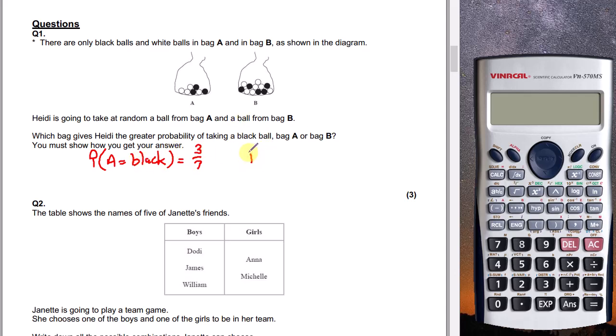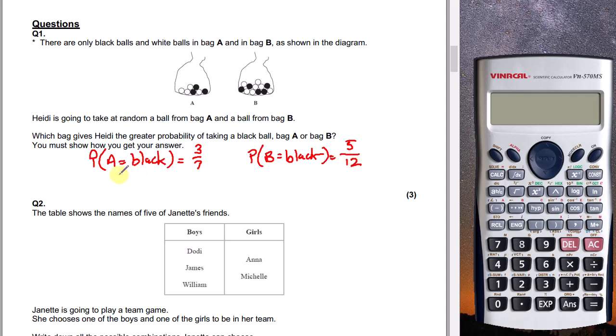Let's look at B being black. Again, how many black balls? 1, 2, 3, 4, 5. How many balls altogether? 5, 6, 7, 8, 9, 10, 11, 12. And the question is, which one has the greater? You could cross multiply to get the same denominator.